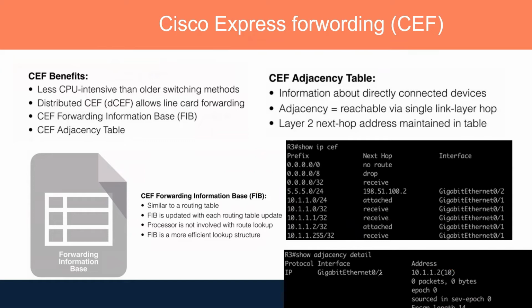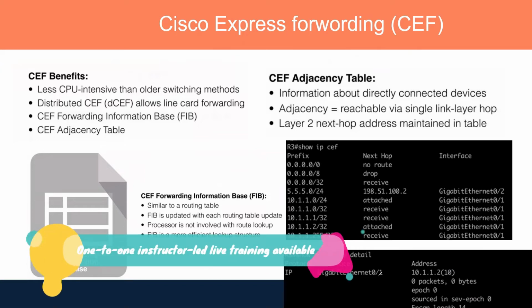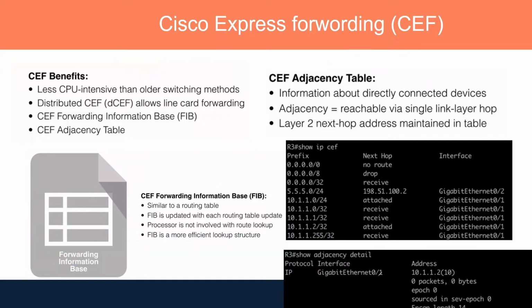RIB is nothing but the routing table, right? Show IP route, routing information base, right? And the FIB is collecting the routing information from the RIB. Or is the FIB giving information to the RIB? No, the FIB is collecting the information from the RIB.